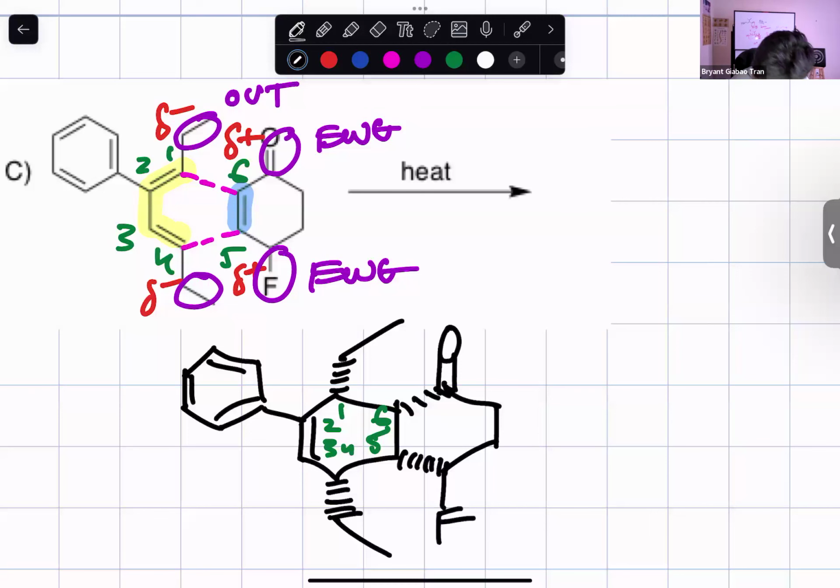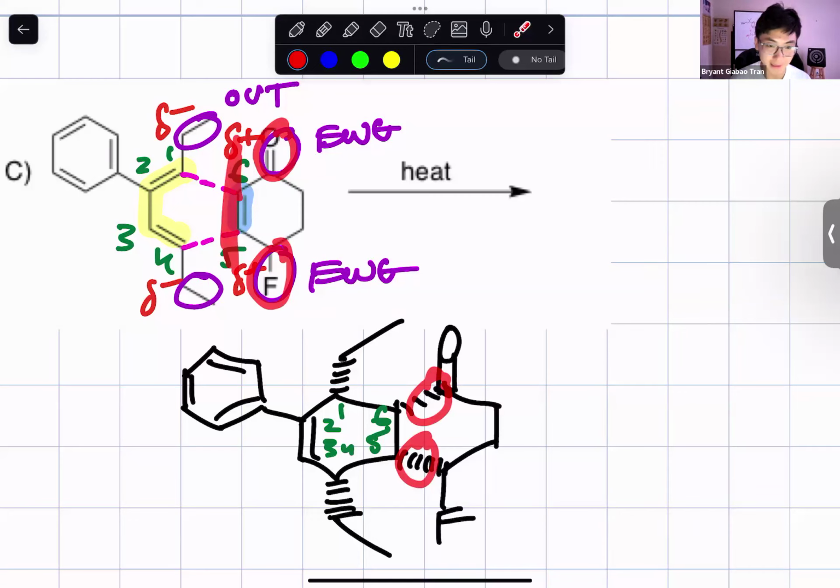And in this case right here, since we see that these EWGs are also cis to each other in relation to the dienophile, like they're on the same side, then we maintain that cis configuration right there, right? So both EWGs would work here, right?